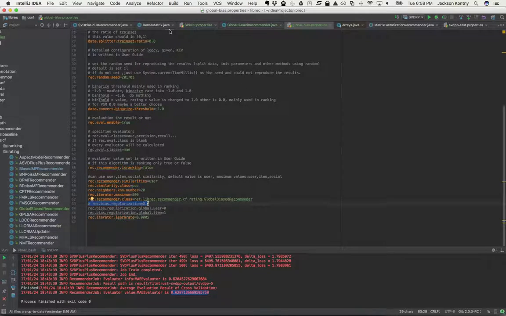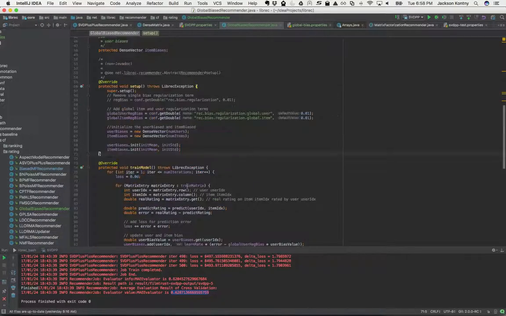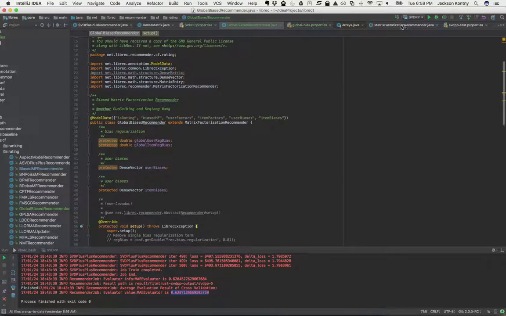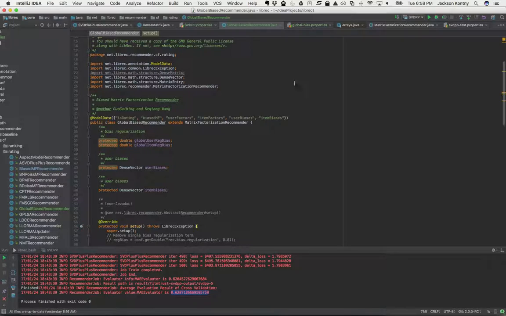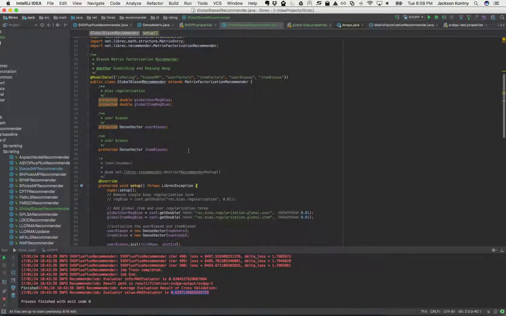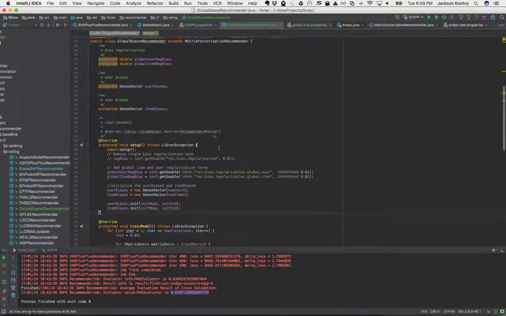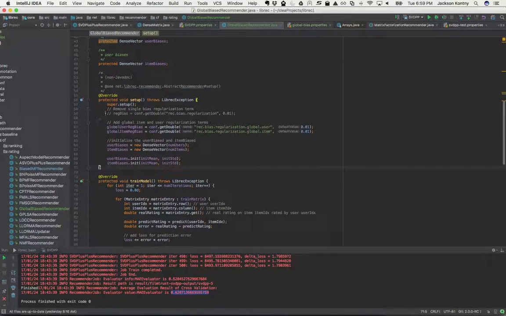So I started off with the matrix factorization recommender, which is this guy, and I adapted it to suit my needs. There are only a few changes that were necessary for this. This wasn't really necessary, but I removed it anyway, this original regularization bias.